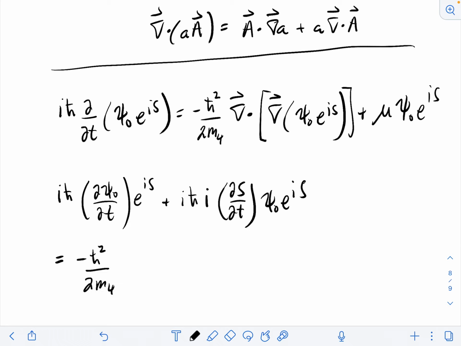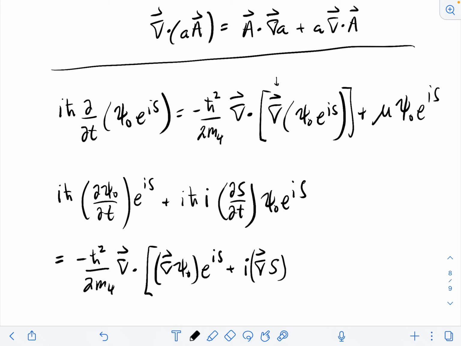We won't do anything with this first divergence yet, but we will act with the gradient operator on our wave function, and we have to do product rule again, so we would get the gradient of φ0 times e^(is) plus, let's see, i gradient of s, and then we just get the full wave function back again, φ0 e^(is). And then we still have μ φ0 e^(is).